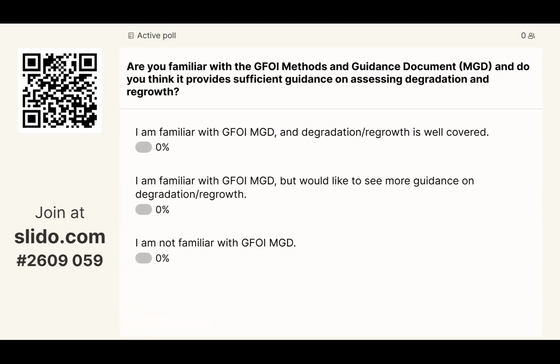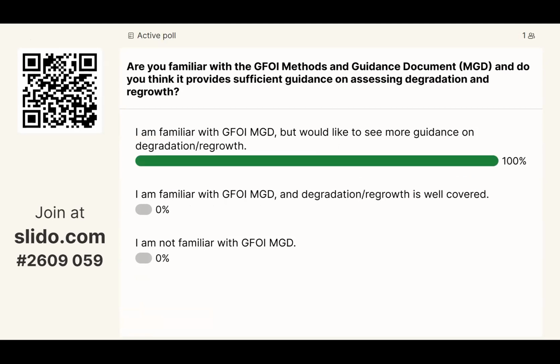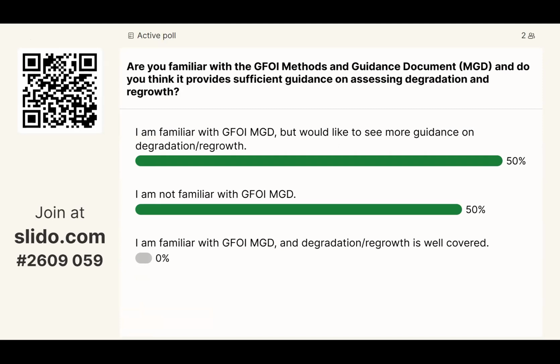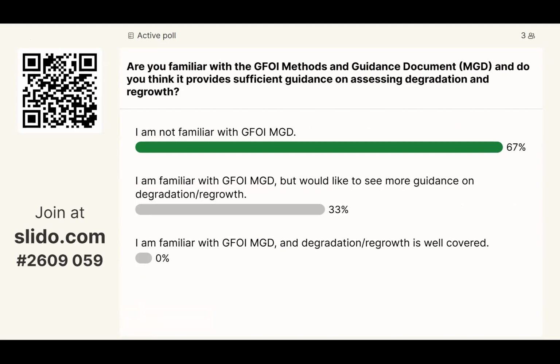And the second part of the question is, do you think it provides sufficient guidance on assessing degradation and regrowth? So, not everybody is familiar with it. Let's provide the link to the methods and guidance document in the chat as well.